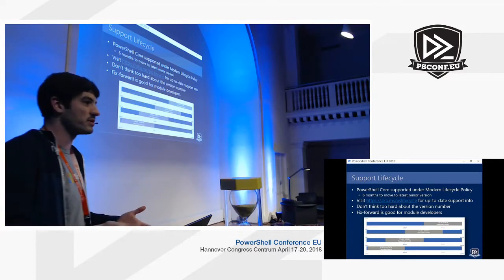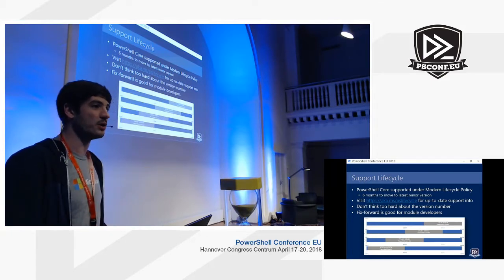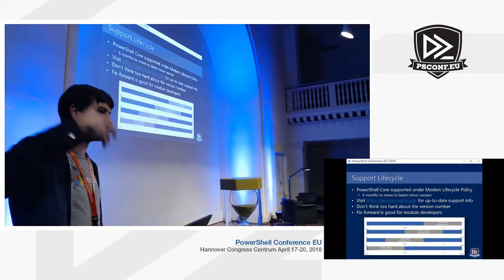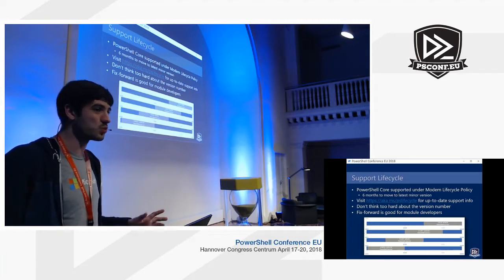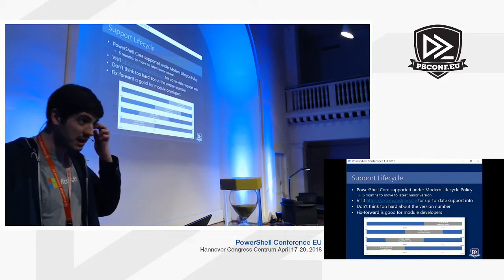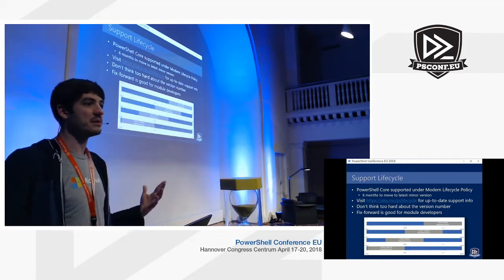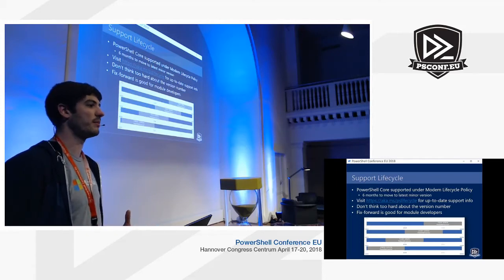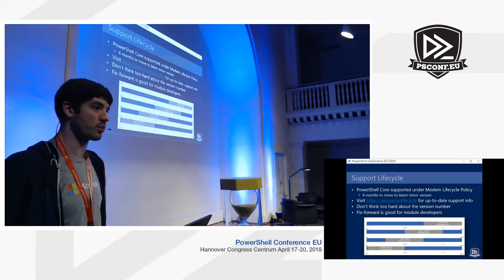When you have to support old versions like 3, or God forbid 2, it's really hard. I know Pester has only just dropped support for PowerShell v2 in the latest version. You end up with a lot of legacy code that's more difficult to maintain. So by saying everyone's got to move forward, it's actually going to be better for keeping the ecosystem more homogeneous and making sure that module developers only have a maximum of 2 or 3 versions to support at a time.